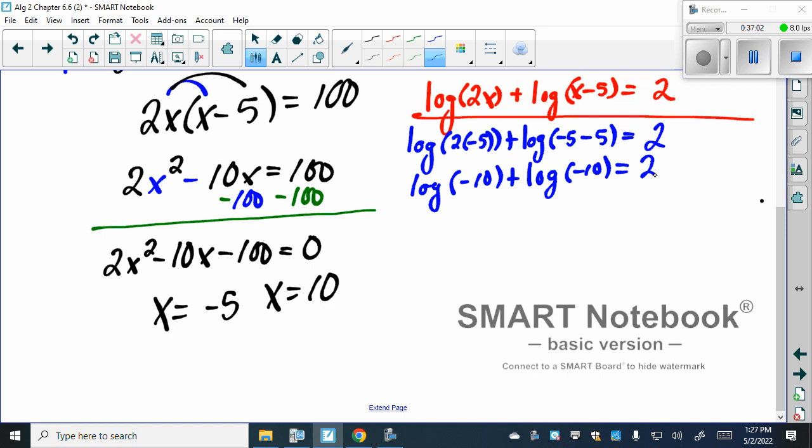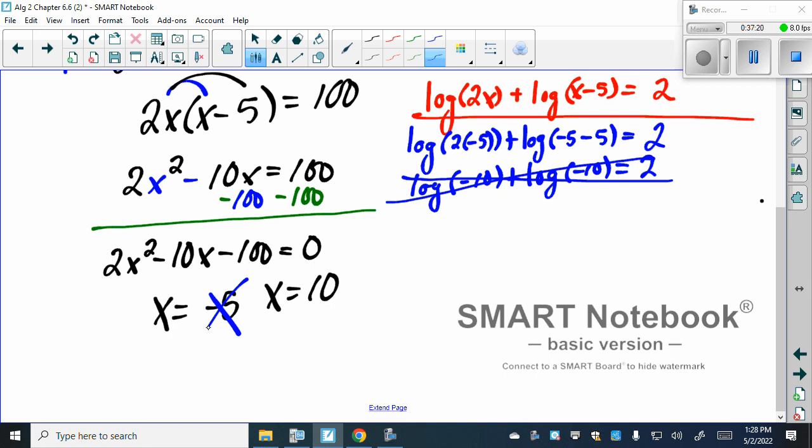In both cases, those logs give me -10. There's nothing else we can do to them, so this does not work because we cannot have a negative or 0 inside the log.